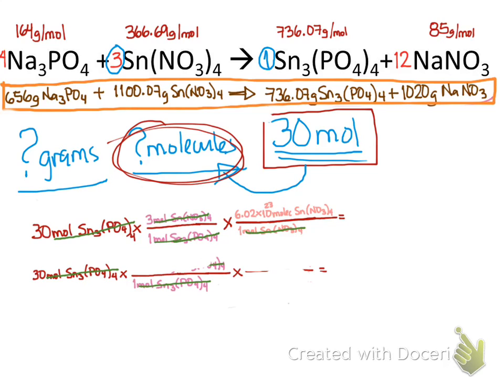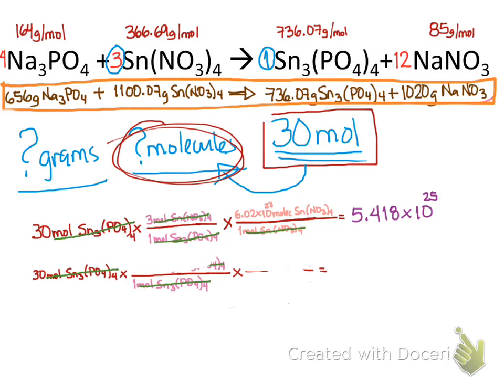And as I need to move it, it will be 5 point something times 10 to the 25? 5.418 times 10 to the 25?